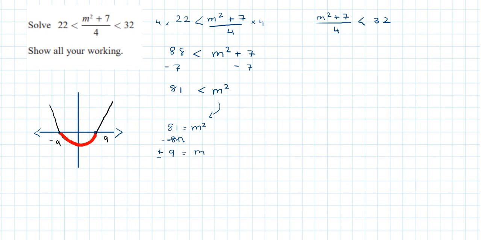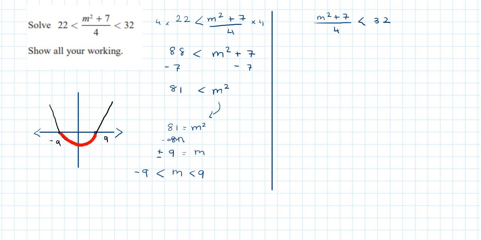For m to be below the x-axis, m has to be less than 9 but greater than minus 9, and that's for this part of the inequality.